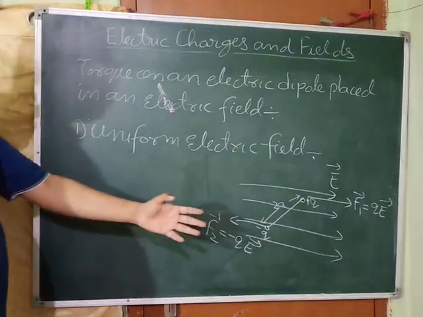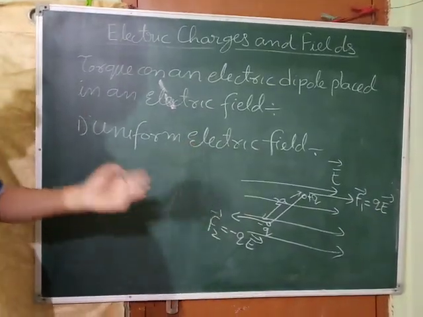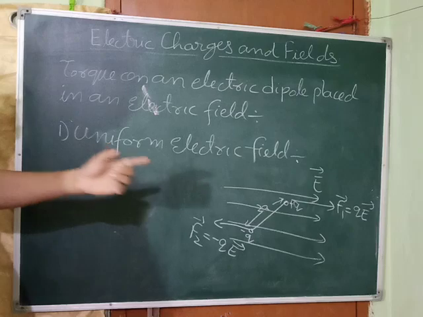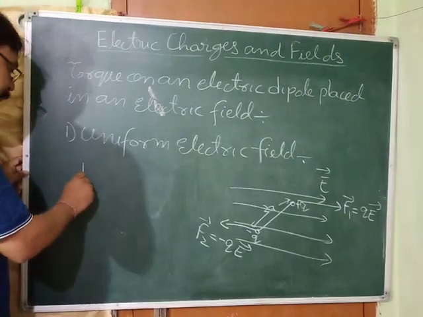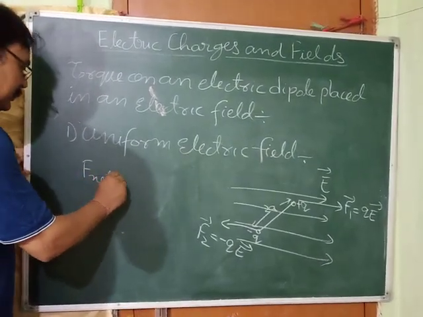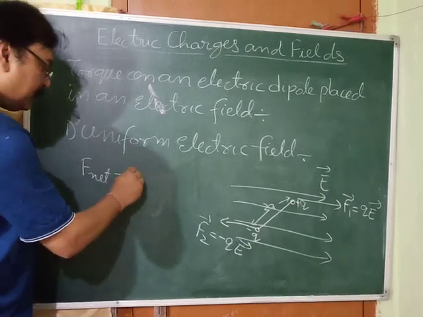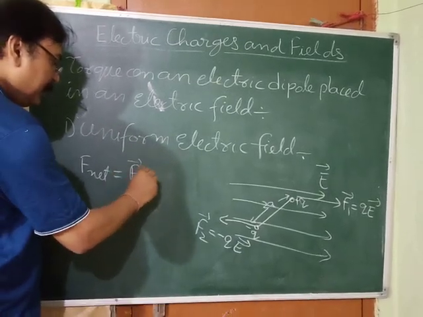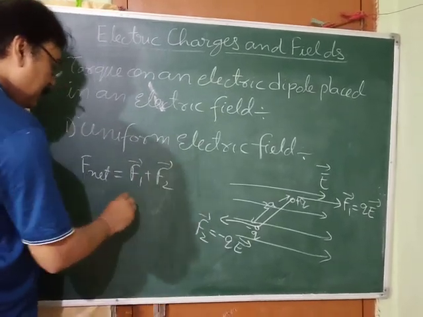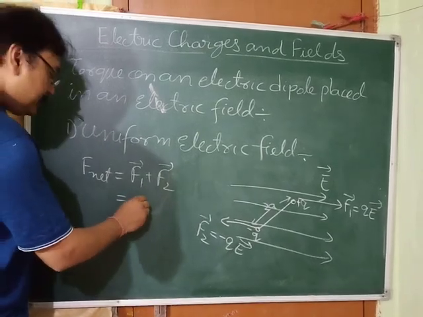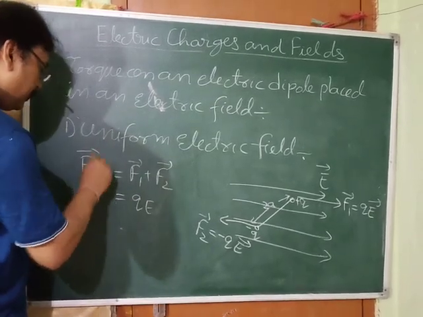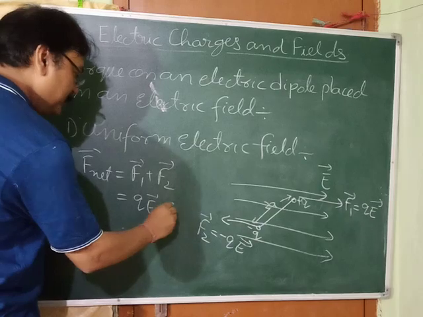What is the magnitude of the forces? It is QE only. Both have equal magnitude, but the direction is opposite. So what is the net force? That is F1 plus F2, which is QE minus QE.